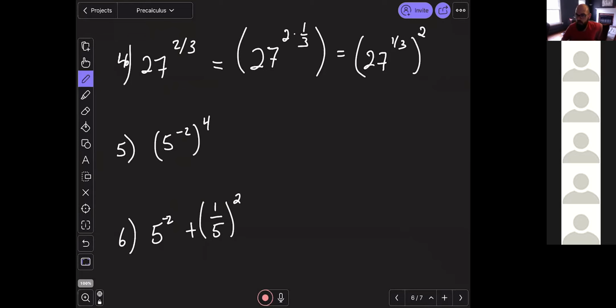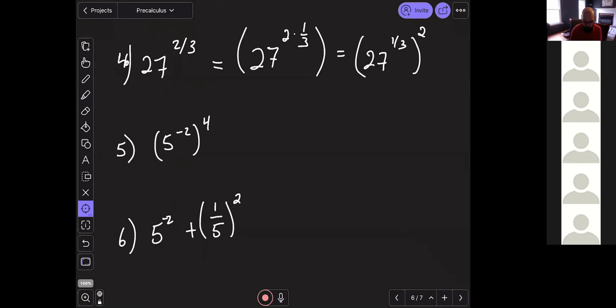So when I'm thinking about this, this first property right here, 2 times 1/3, that's the same as 2/3. And then we had this property where we brought the multiplication down in, and I'm just going the other way, bringing our multiplication out.